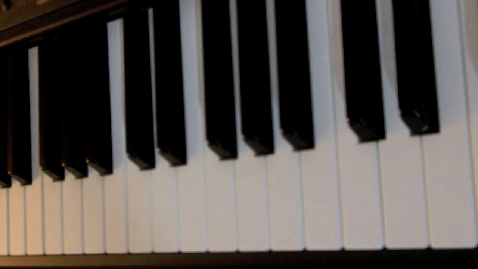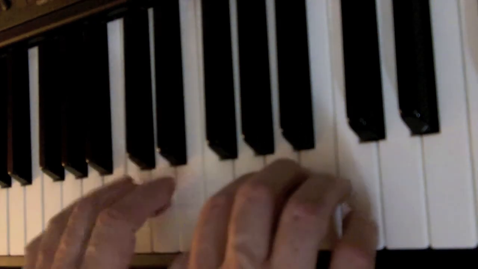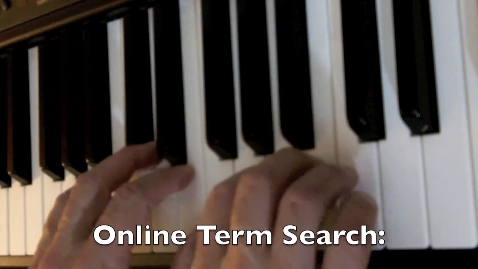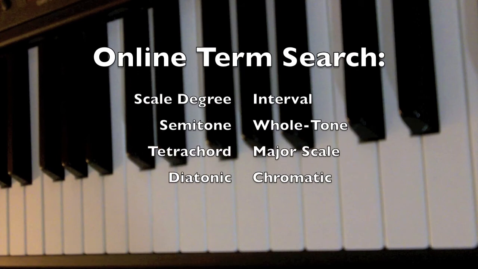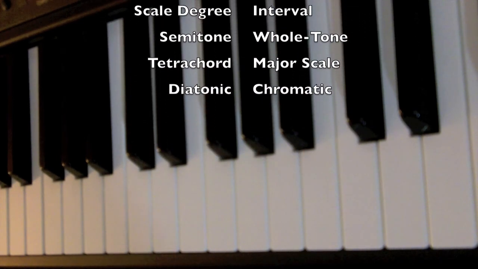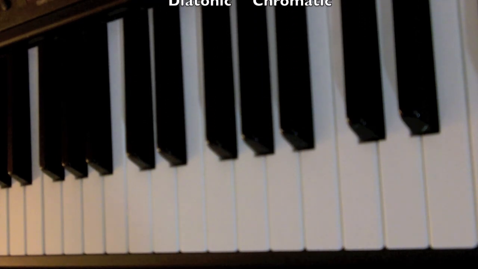Intervals between successive notes of a tetrachord are semitones, whole tones, or some other interval. All these terms may be searched online for more details: scale degree, interval, semitone, whole tone, tetrachord, and major scale.